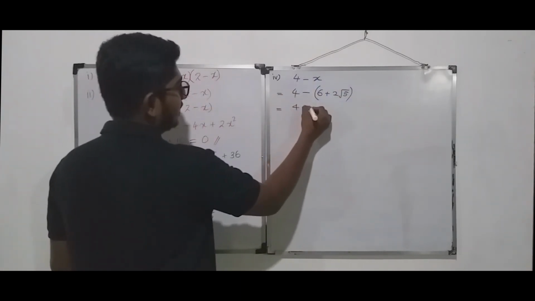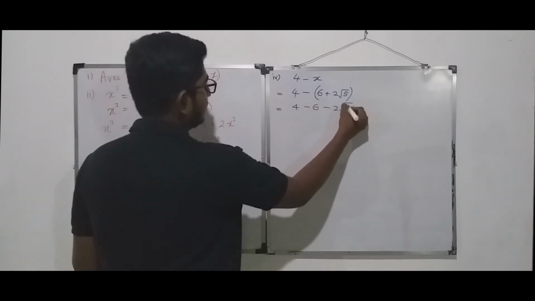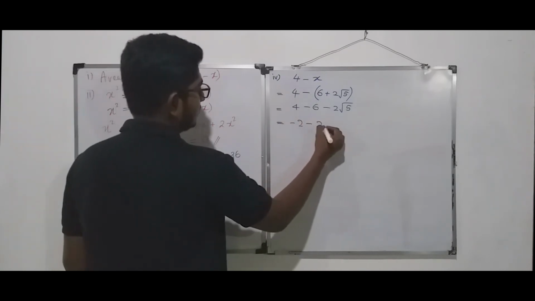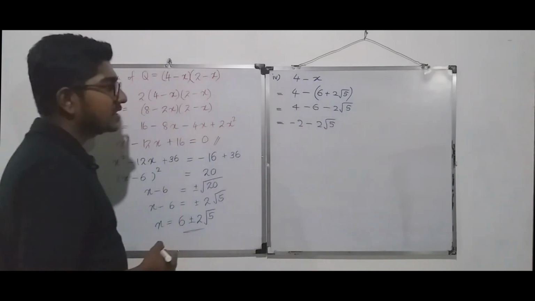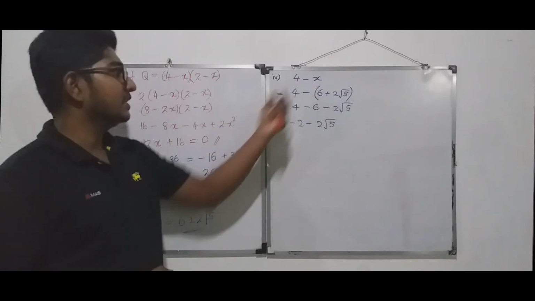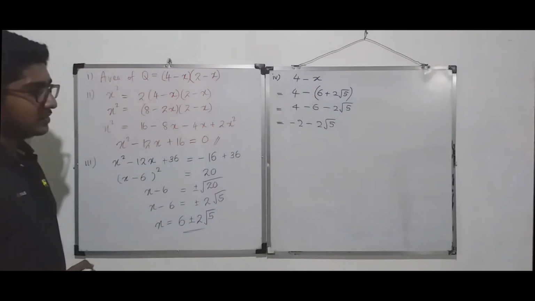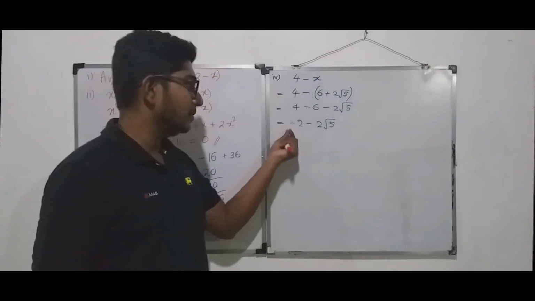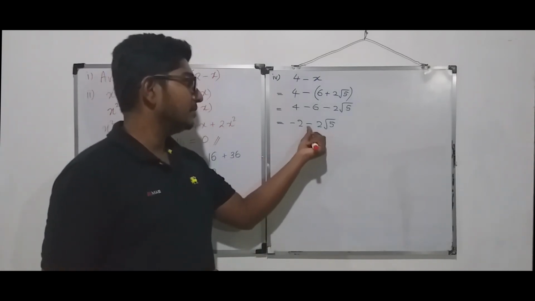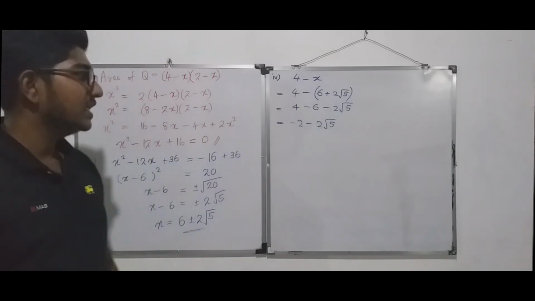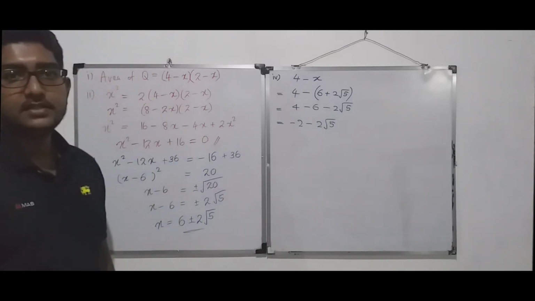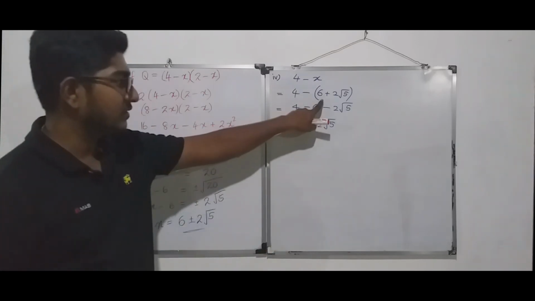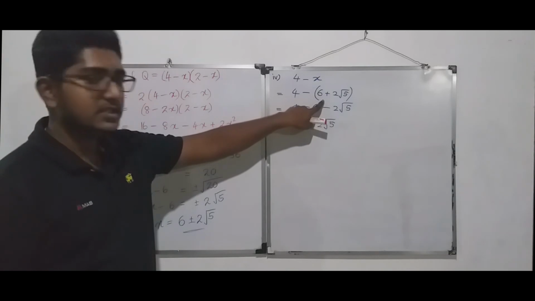When I simplify, I get 4 minus 6 minus 2 root 5. 4 minus 6 is minus 2. This is the answer we get for this length of Q. See, this entire value is negative, minus 2. Whole number is minus, this irrational number, that is also minus. So we can't have a negative answer for a length. So according to that logic, we can say this solution which we substituted is not suitable.